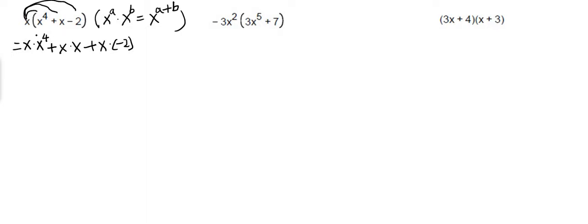When you do the multiplication with a negative number, I suggest you write down the parentheses, or round brackets.